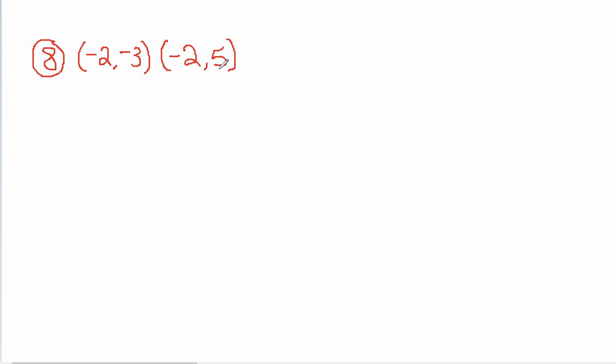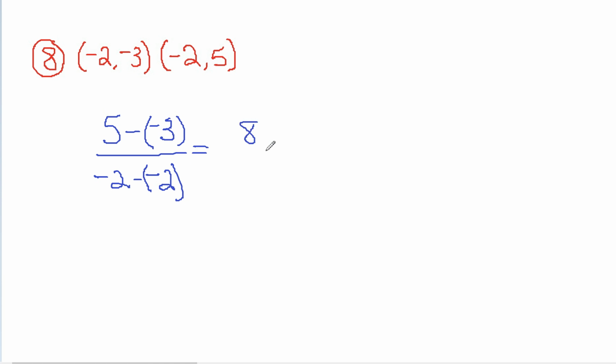So here I got y2 is 5 minus y1, which is negative 3, divided by x2 is negative 2 minus negative 2. Becomes 5 plus 3, 8 over negative 2 plus 2 is 0.